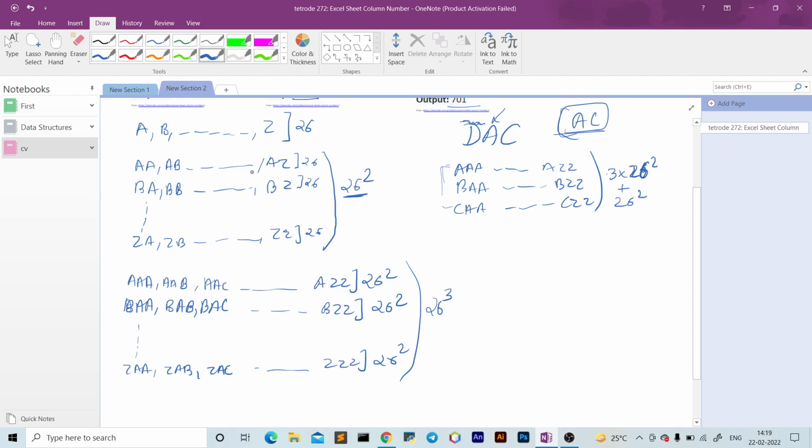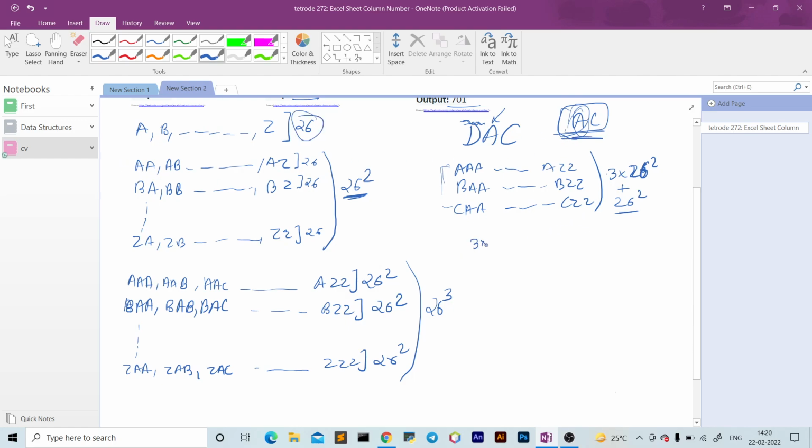Similarly, for this case we had taken the 26 square of the above level, so for this AC also we will take 26 of the above level.